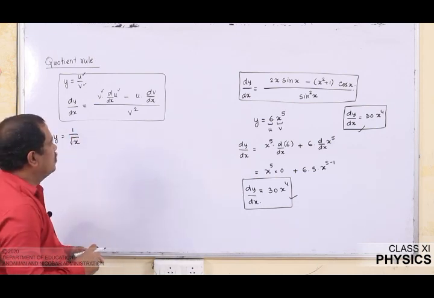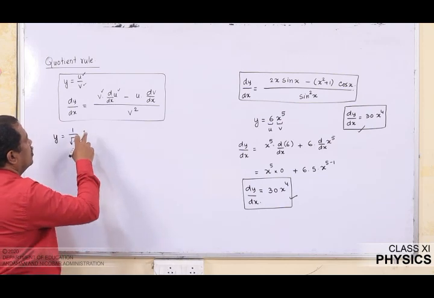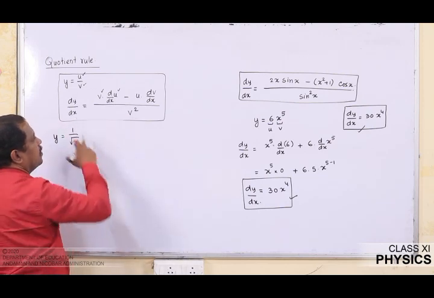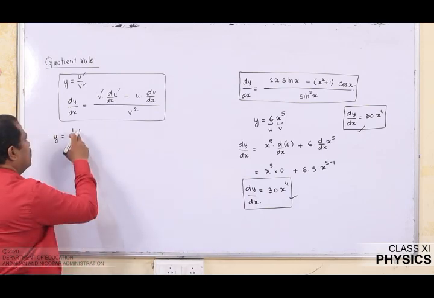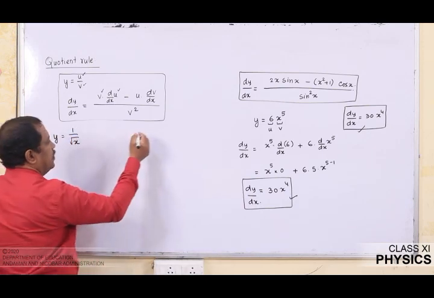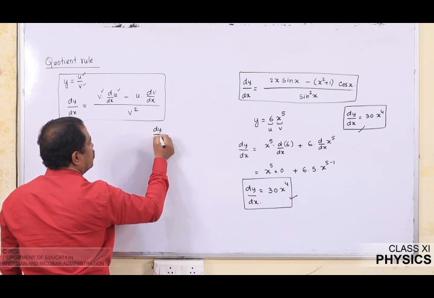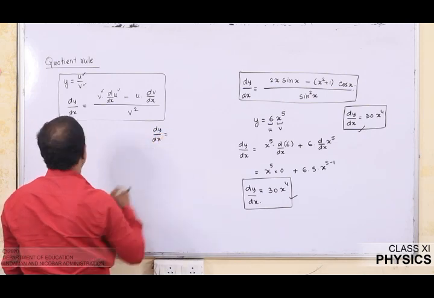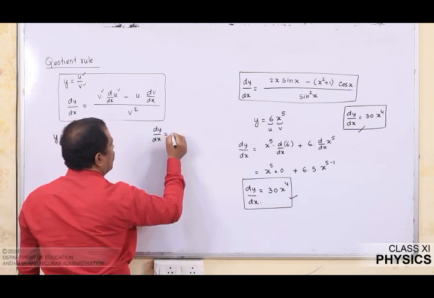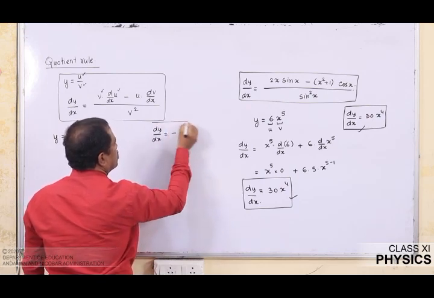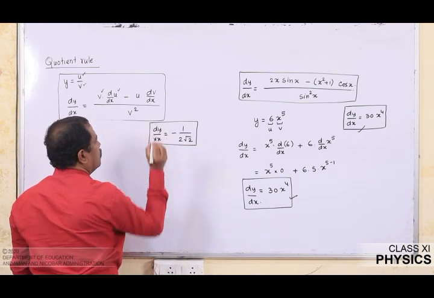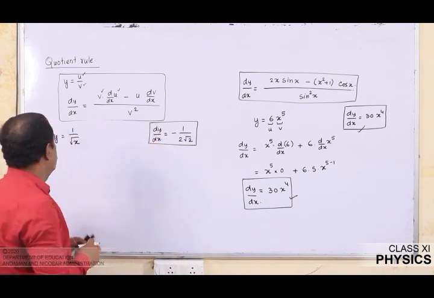The question is, shall we be right in using this quotient formula? We shall see. We had 1 over root x, and when we differentiated, dy over dx was equal to minus 1 over 2 x power 3 by 2. This was the answer that we got while differentiating this function.